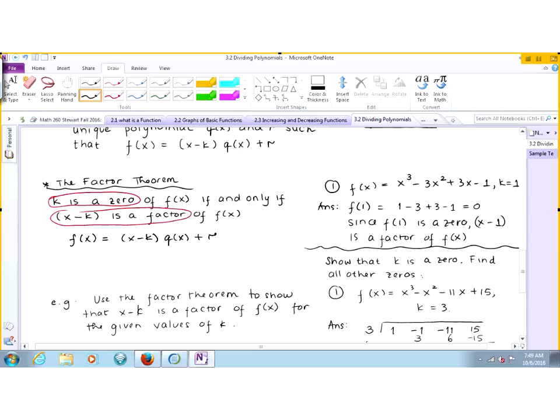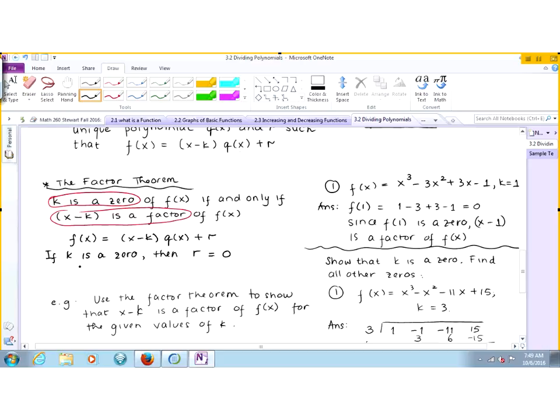So if k is a 0, what does it mean? If k is a 0, then the remainder is a 0.